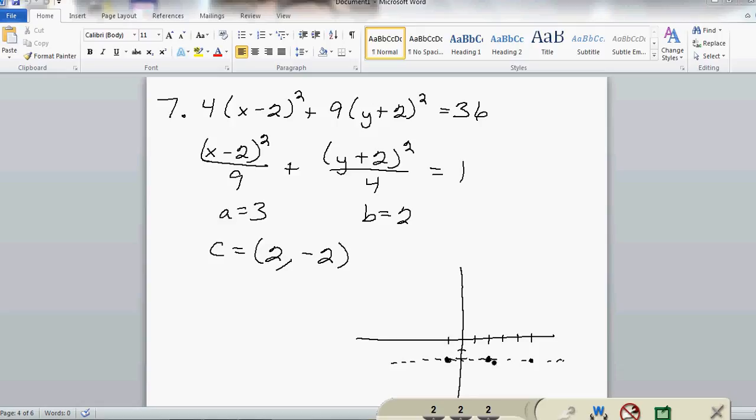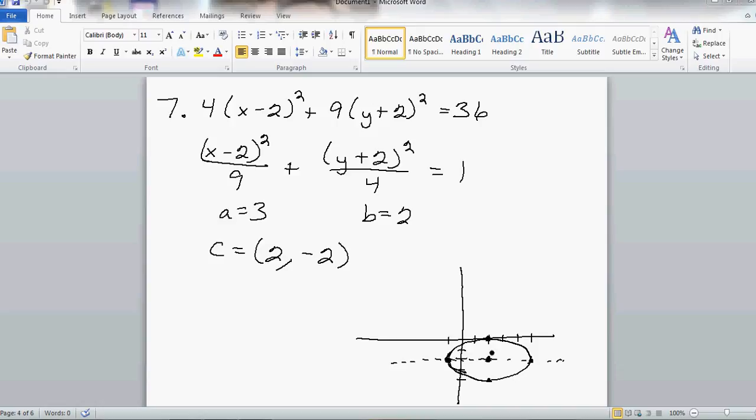And then to find how high does it go and below, it goes 2 above the center and 2 below the center. So it's going to be there and there. So I just need to make sure it goes through those points and try and make this look as good as possible, which sometimes is a little more difficult than it seems. But there we get our ellipse with the necessary work to justify that our graph is indeed correct.